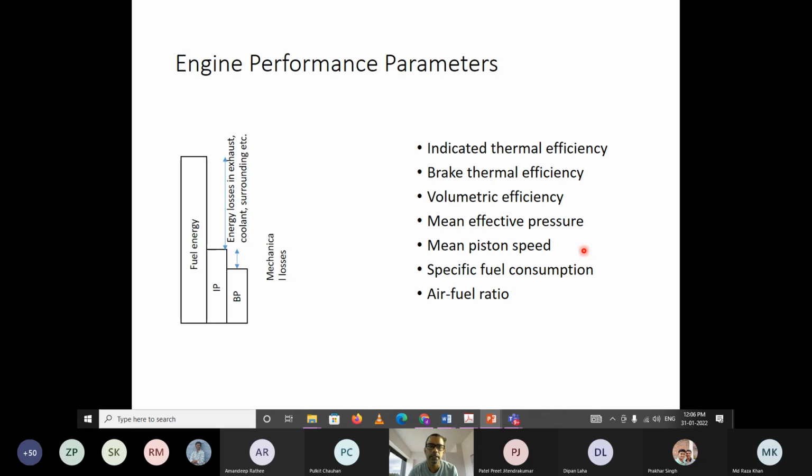So let us discuss the engine performance parameters, in which we discussed the indicated thermal efficiency, brake thermal efficiency, volumetric efficiency, mean effective pressure, mean piston speed, fuel consumption, and air fuel ratio.